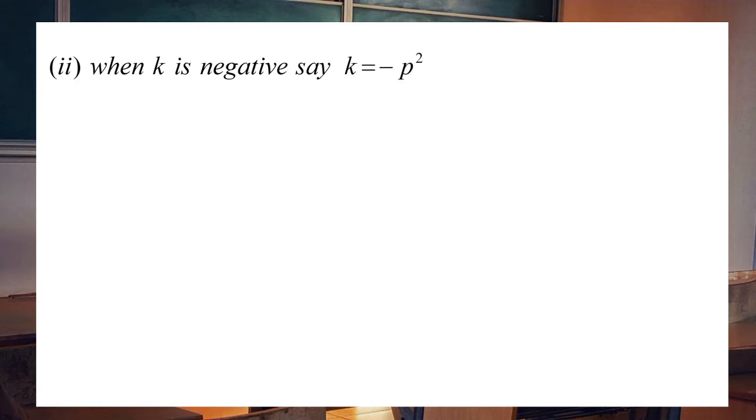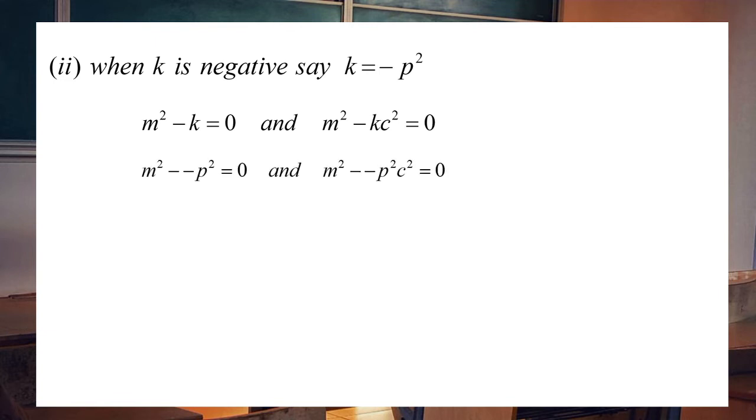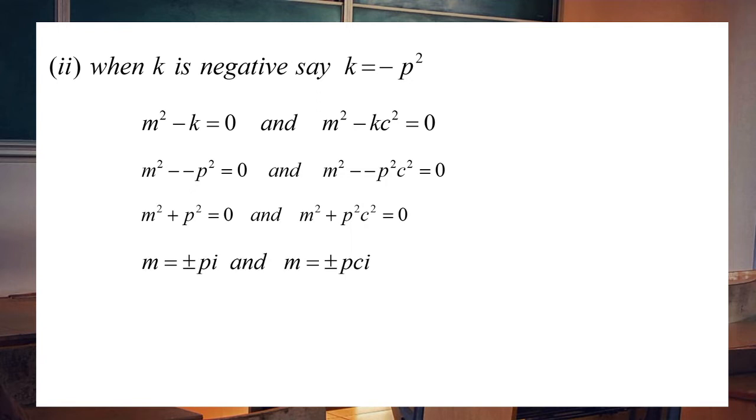Case 2: when k is negative, say k equal to minus p². We know that p² is always positive, so in order to take k negative, take k equal to minus p². That is m² plus p² equal to 0 and m² plus p² c² equal to 0.